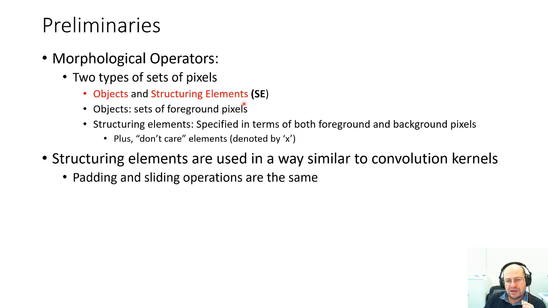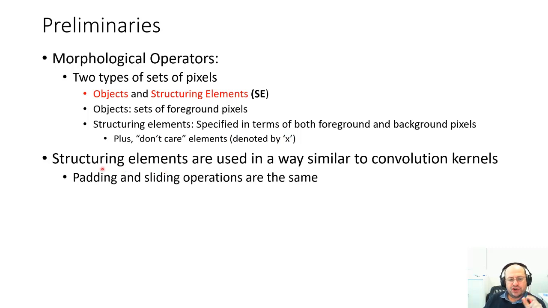This is the essential idea of this area, the idea of the structuring elements. Objects are sets of foreground pixels, regions in the image. Structuring elements are specified in terms of foreground and background pixels, plus what we call don't care elements. They are denoted by a small x, as we're going to see in a minute.